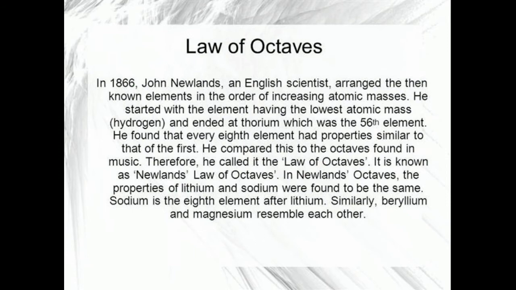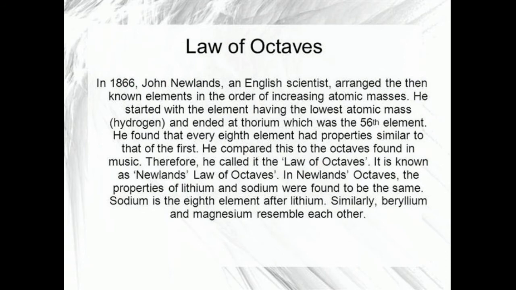Now in Newlands' octaves, the properties of lithium and sodium were found to be the same. Let me tell you, at that time there were no noble gases. So it was hydrogen, lithium, beryllium, boron, carbon, nitrogen, oxygen, fluorine. Due to the absence of noble gases, the periodic table was not the same as we see it today.